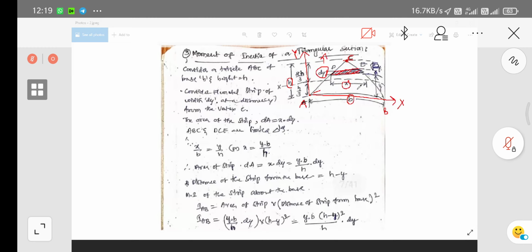If it were along x, you would consider dx. This elementary strip is at a distance y from the x axis, or the base axis AB.